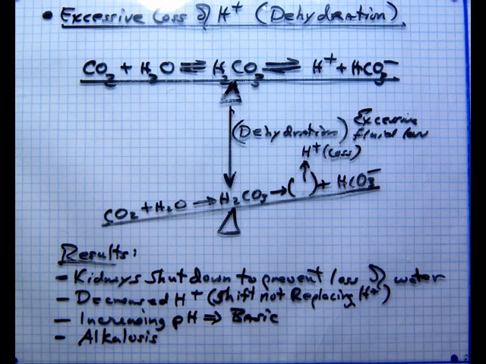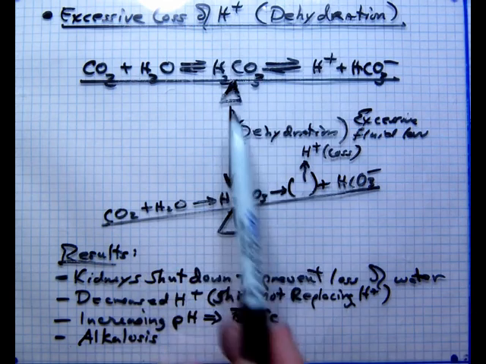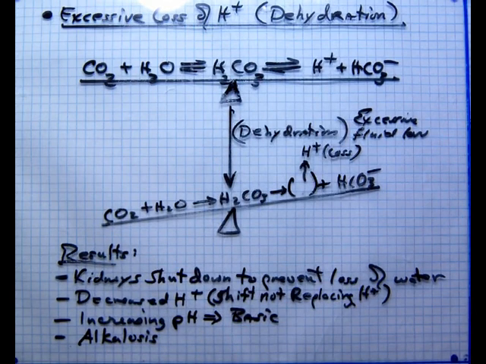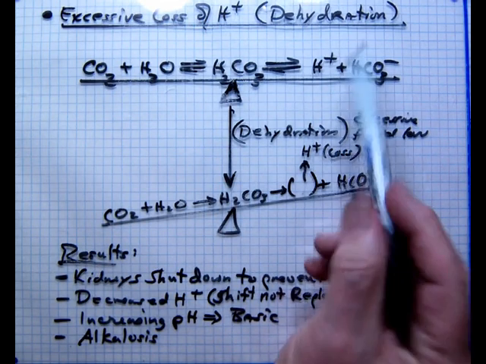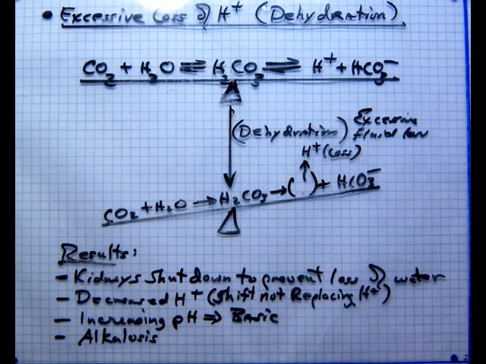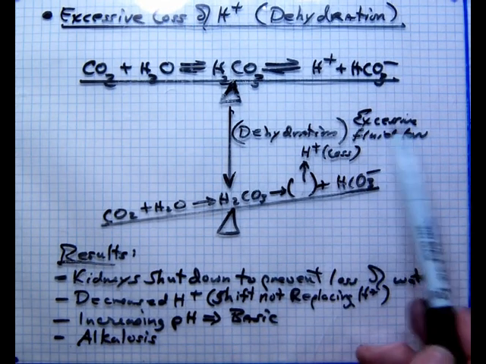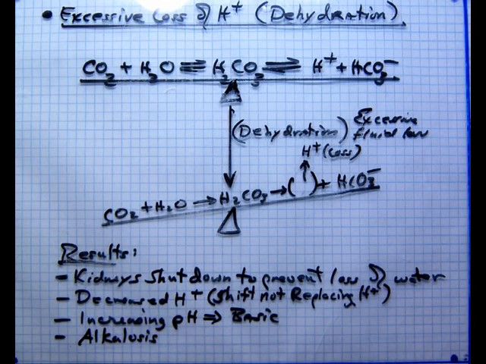Now finally, we look at the excessive loss of the hydronium ion from the metabolic hydrogen bicarbonate side as a result of extreme dehydration. And this is, of course, excessive fluid loss by whatever mechanism, over a hot day, or running a marathon, or just liking to sweat.